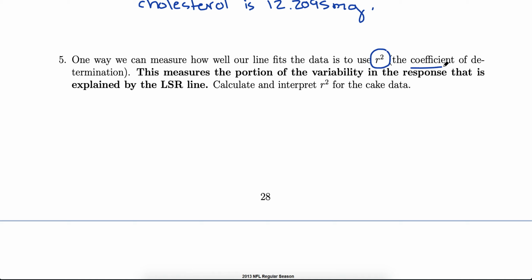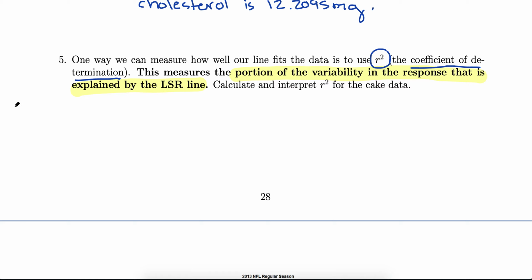R squared is called the coefficient of determination, and it really is as simple as taking correlation r and squaring it. When we do this, we get some useful information. You'll see emphasized here in your notes, it's telling us the portion of variability in y, or our response, that's explained by our line. So this is an important idea to think of.